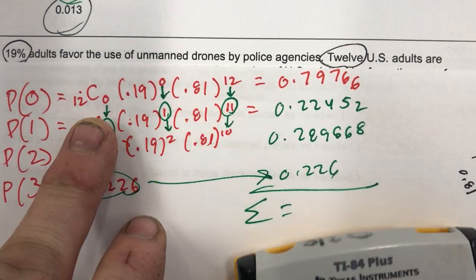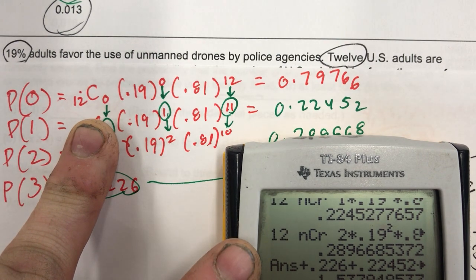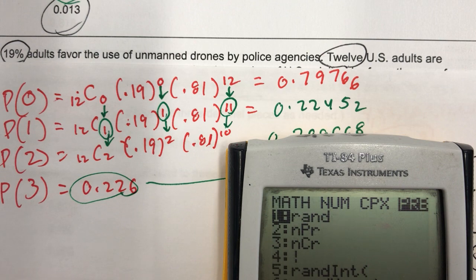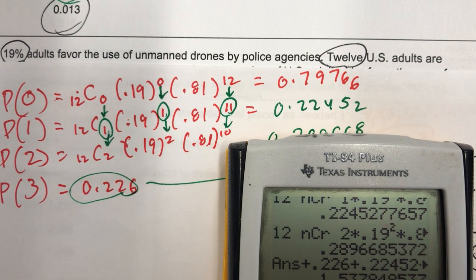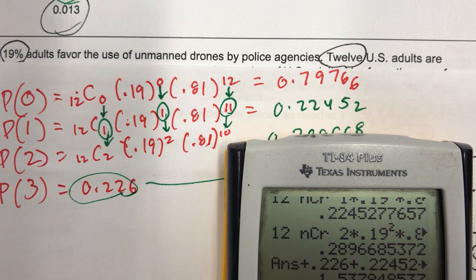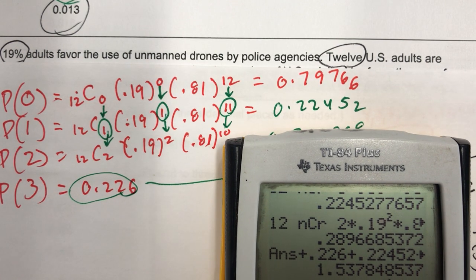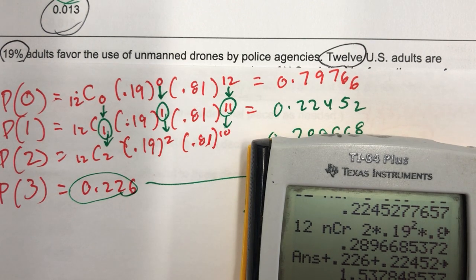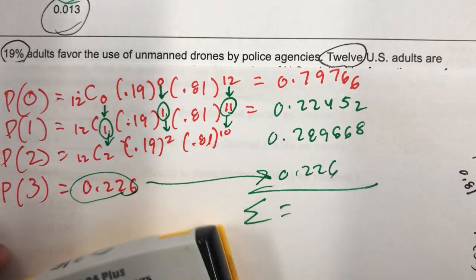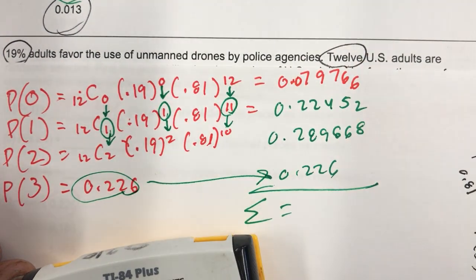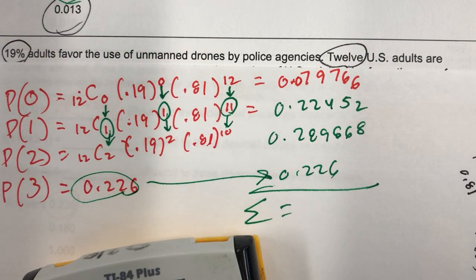Maybe we have something wrong on it. Let's type in 12 nCr 0 times 0.19 to the 0 times 0.81 to the 12. Oh, yeah, there's my problem. That's 0.07. I left the 0 out.